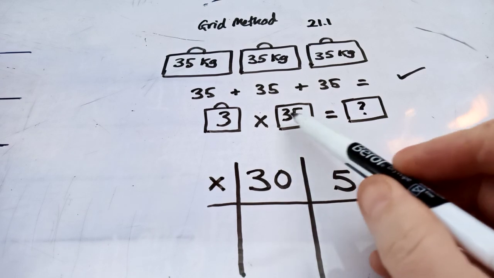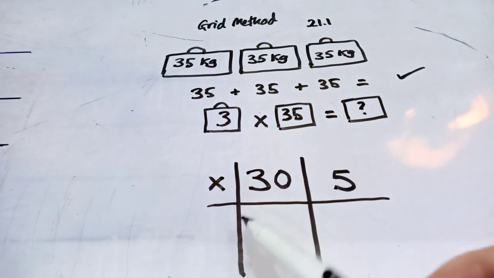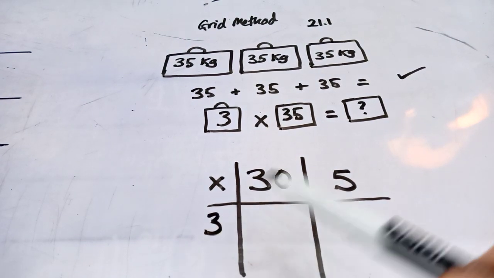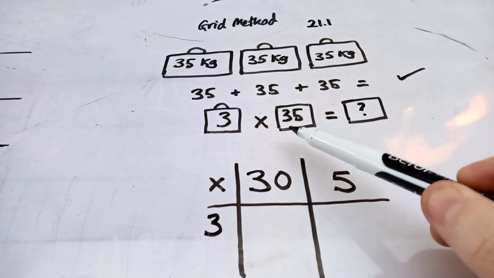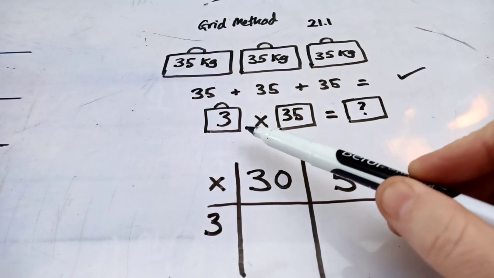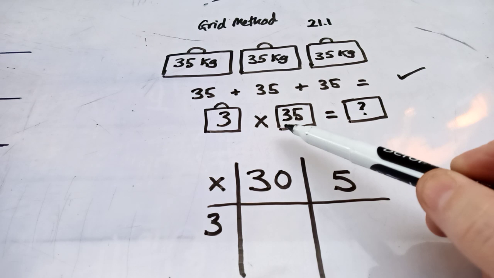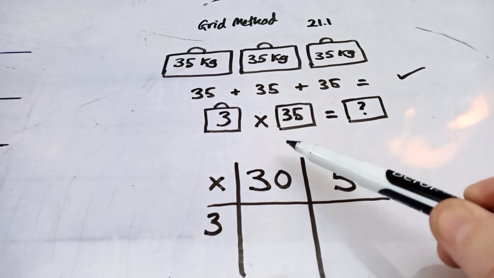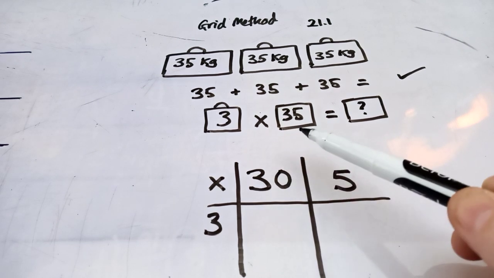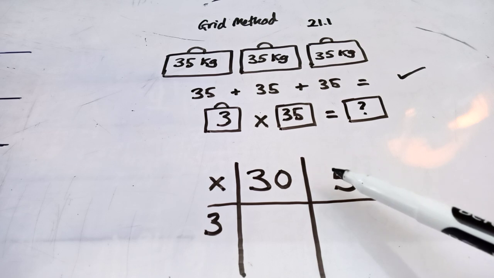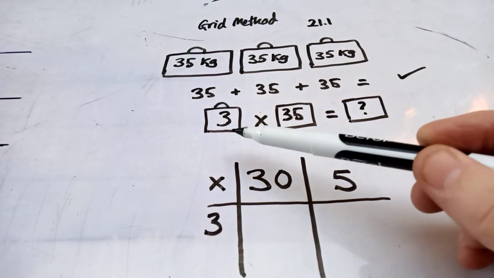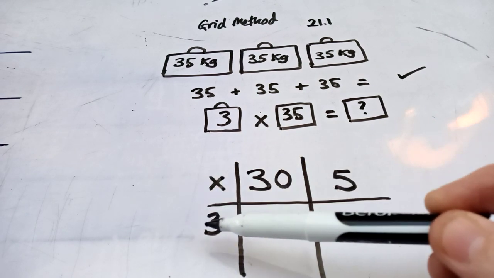And what are we timesing it by? We're timesing it by 3. Okay, so 35 times 3, or 3 times 35. You put your 30 there, you put your 5 ones there, and then what you're timesing it by goes there.